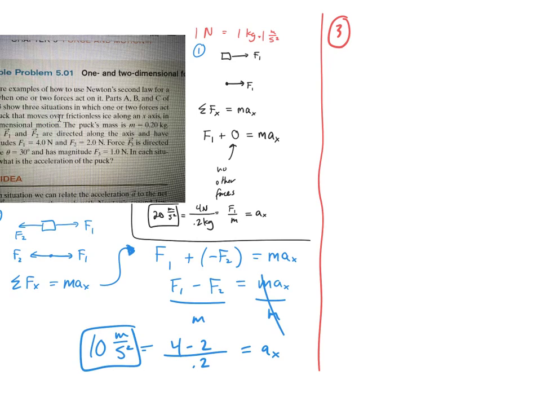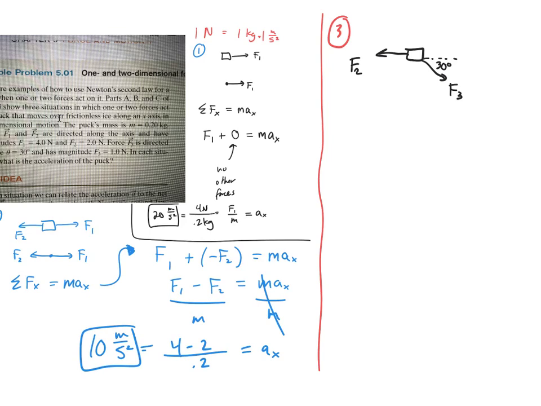Situation number 3. The puck is now here. The puck still has F2 pulling against it, but it now has F3, and F3 is pulling down at an angle of, I don't know what the number turned out to be, 30 degrees, yeah. 30 degrees south of east.